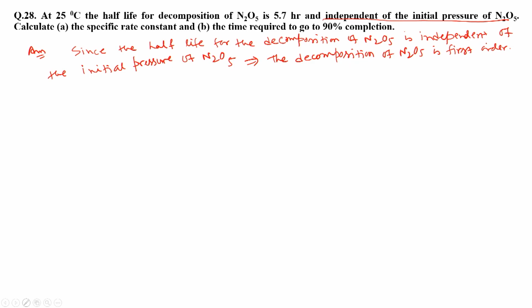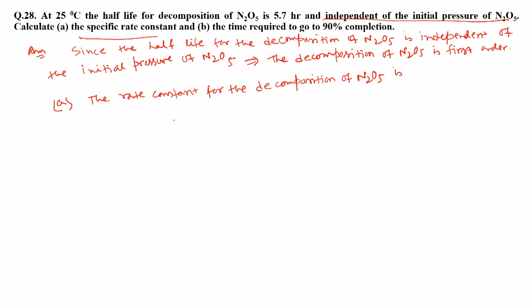If it is first order, half-life is given and we need to calculate the rate constant. So, the first part is very easy. The rate constant for the decomposition of N2O5, k, is 0.693 by t half, right.